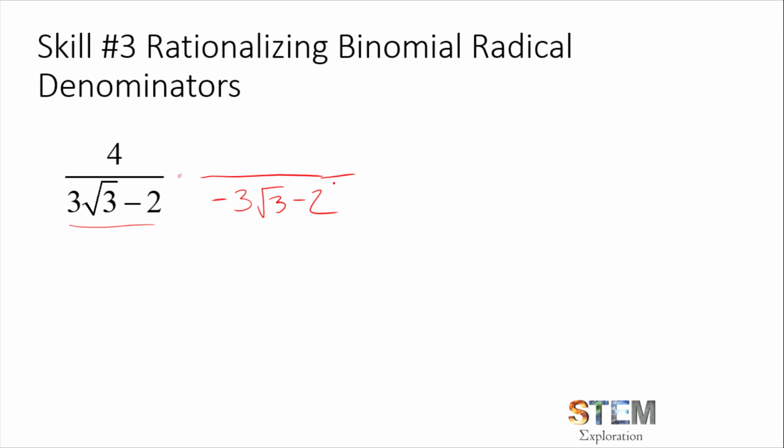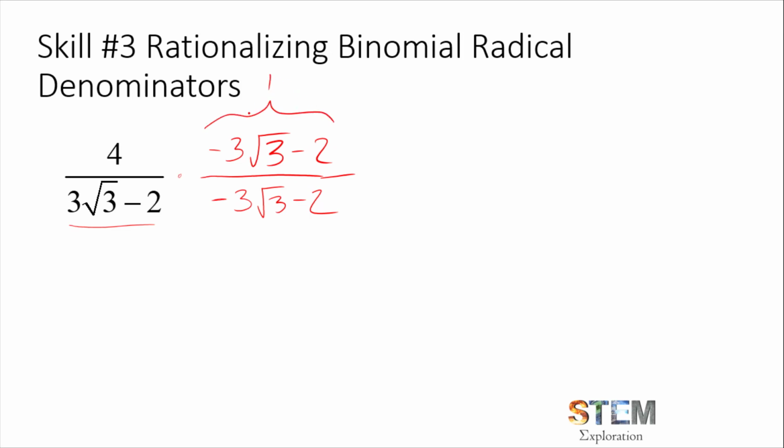Just like we've talked about previously, we're flipping the sign of the radical portion so that they cancel out when you FOIL them together. So if we do this and put it on the bottom, remember when we're rationalizing the denominator, the trick is to multiply the whole thing by a factor of 1.